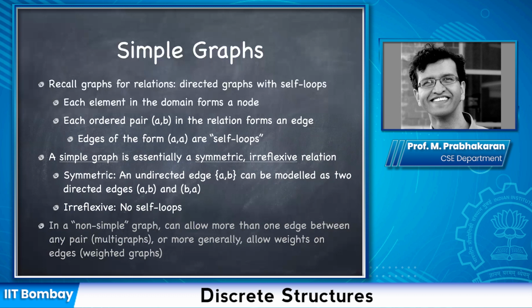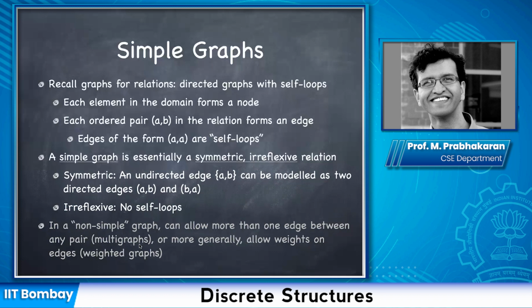We could talk about non-simple graphs, and in computer science we often do, allowing more than one edge. First of all, they could be directed, and there could be multiple edges between any pair of nodes, instead of either having an edge or not having an edge. For a simple graph, since the set E is a set, you cannot have two copies of an edge AB. You either have the set AB or you do not.